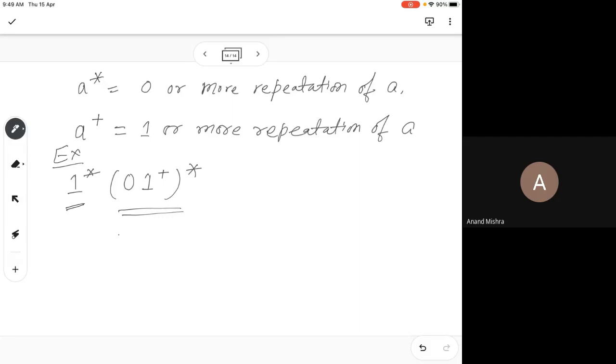But the question is, can it contain, let's say, 0, 1, 0, 1? Yes. What about 1, 0, 0? Can it contain 1, 0, 0? No, right?